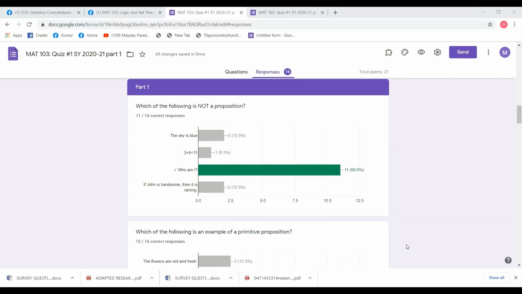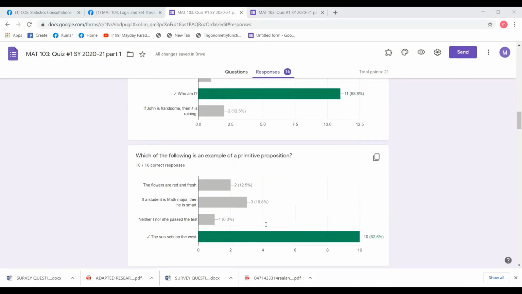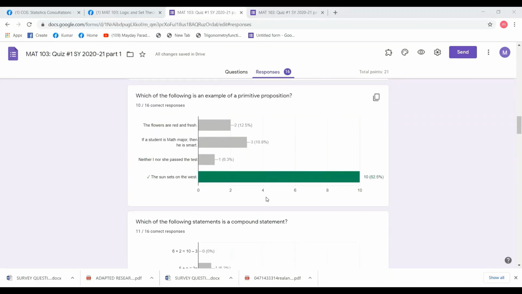First, it should be a declarative sentence, right? So if you look at these three, which is not a declarative sentence? It's option three, right? Therefore, option three, "Who am I?", is not a proposition.